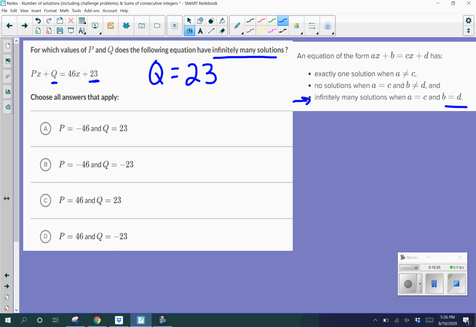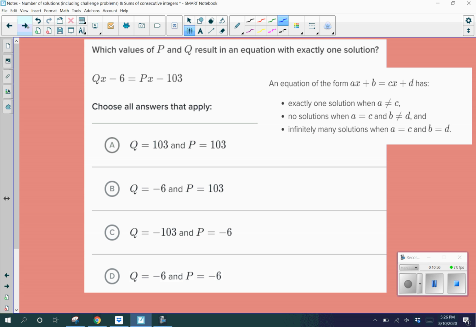So right away, I'm going to eliminate answer choice B and answer choice D, because as you can see, that's a negative 23, and we need it to be a positive 23. It also tells us that A and C need to be equal. Well, if C is 46, that means that P also has to be 46. So I'm going to eliminate answer choice A because that's a negative 46 and it needs to be a positive 46. So the only one that works here is answer choice C.